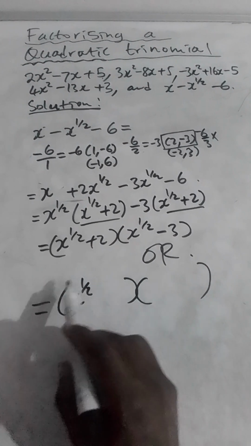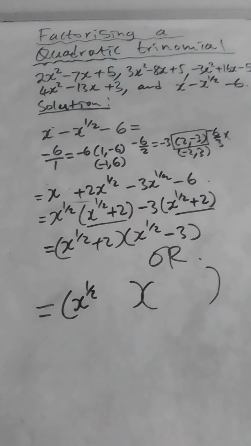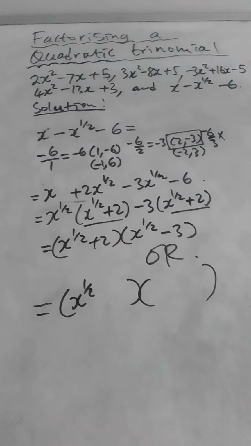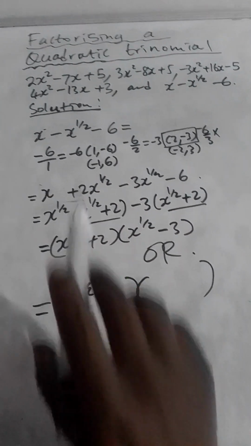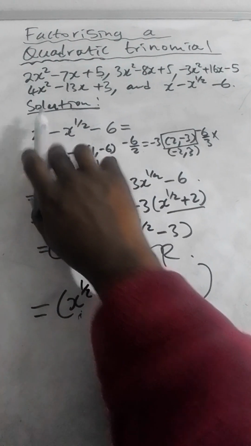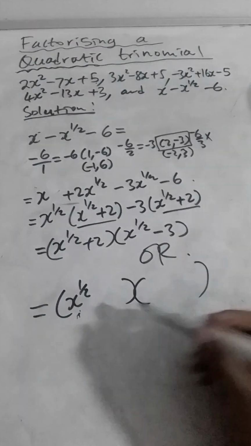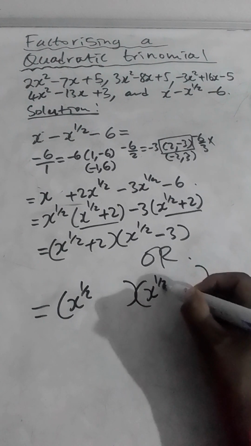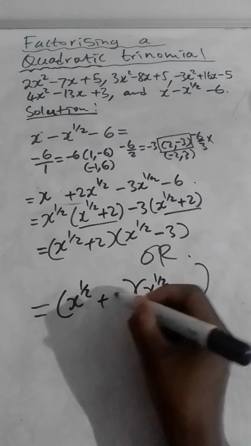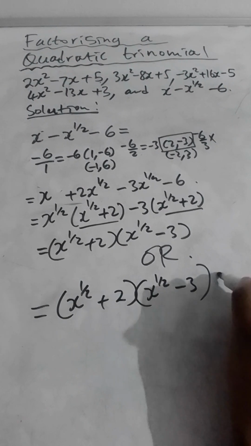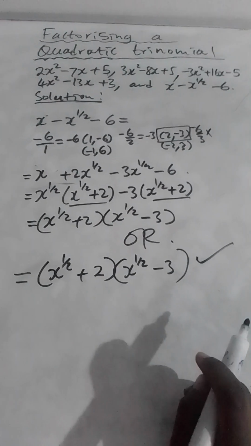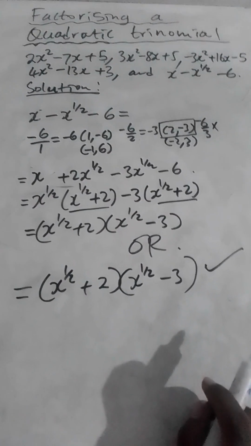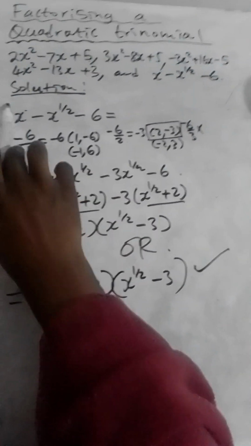So it's always the smaller power that you write here. Remember, you have the bigger power and the smaller power and then the constant. It's always the smaller power as it is. So you're going to write x to the half and x to the half, and then plus 2, minus 3, just like that.